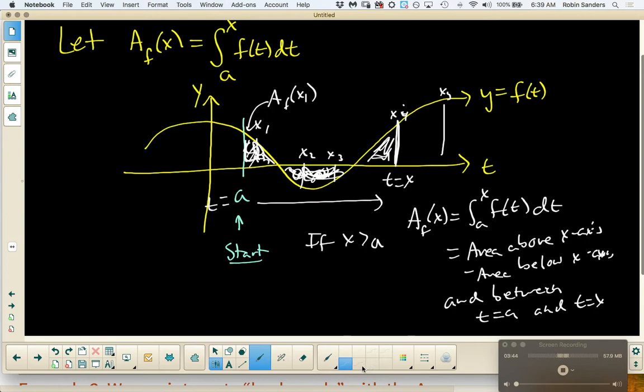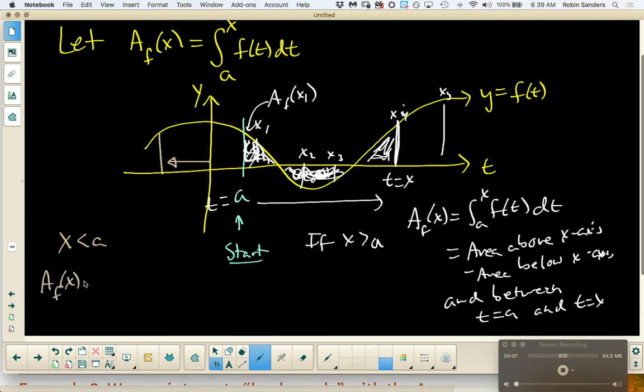Now, of course, we could also have values for x that are less than a. So I also want to look at that particular picture. Let's see, this color I think will do. So if x is less than a, then we are going to be integrating in the backwards direction.